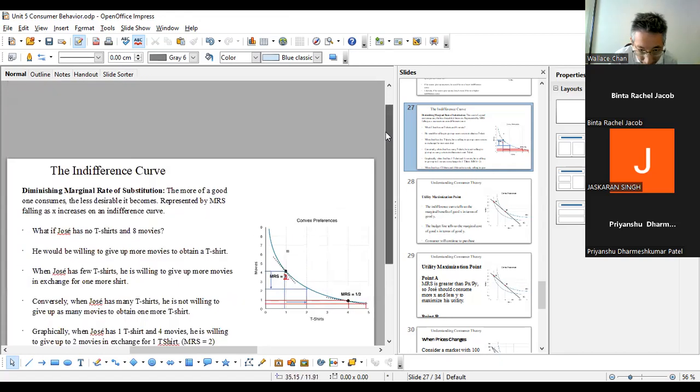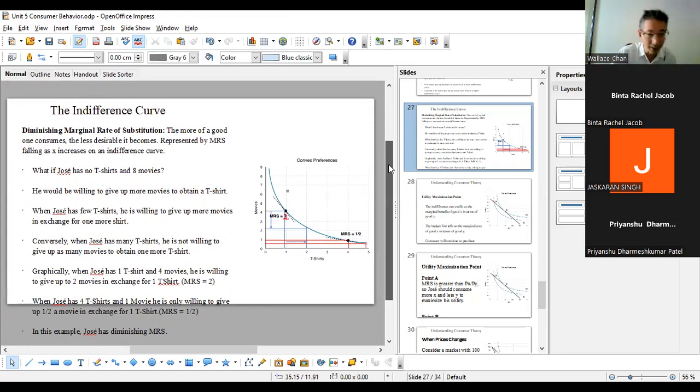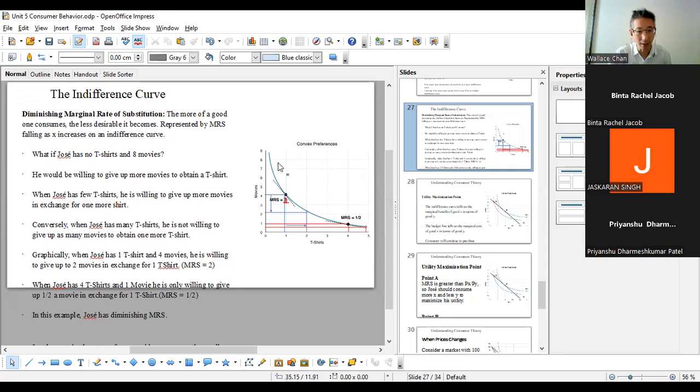And there's a name for this situation, or a way to describe this phenomenon. We call it diminishing marginal rate of substitution. So basically, it means the more you have of something, the less satisfaction you get from more of it. Okay?